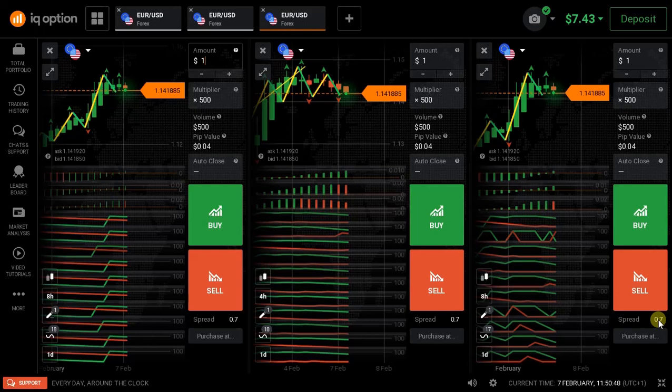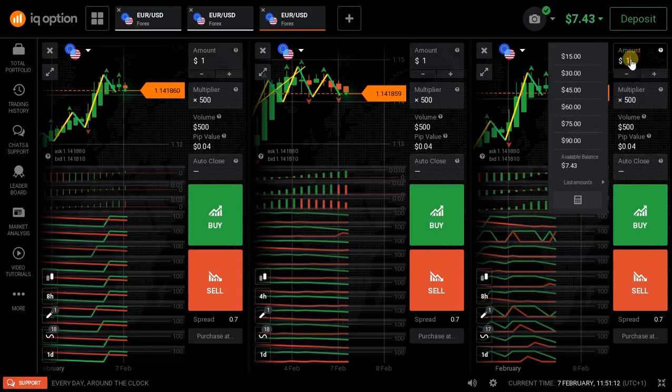Number three, you have to be bidding less than 10%. You must not bid more than 10% of your total investment. For example, if you had $7, then you have to use $1. If you have below 10, or 7 or something, you shouldn't exceed $1 as the investment amount.